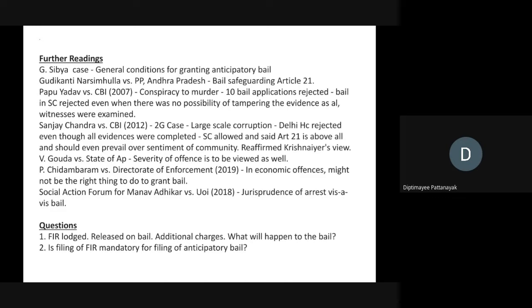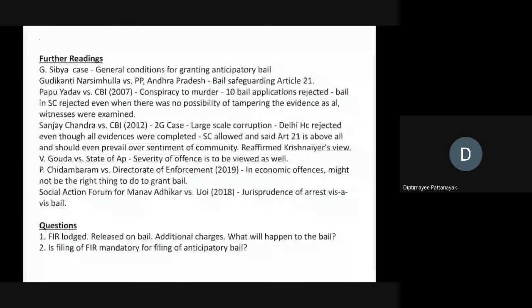Papu Yadav versus CBI is another case. These are three cases in which the court has taken various contradicting views. In Papu Yadav versus CBI, the allegation was conspiracy to murder, and in such a case, 10 bail applications were rejected.